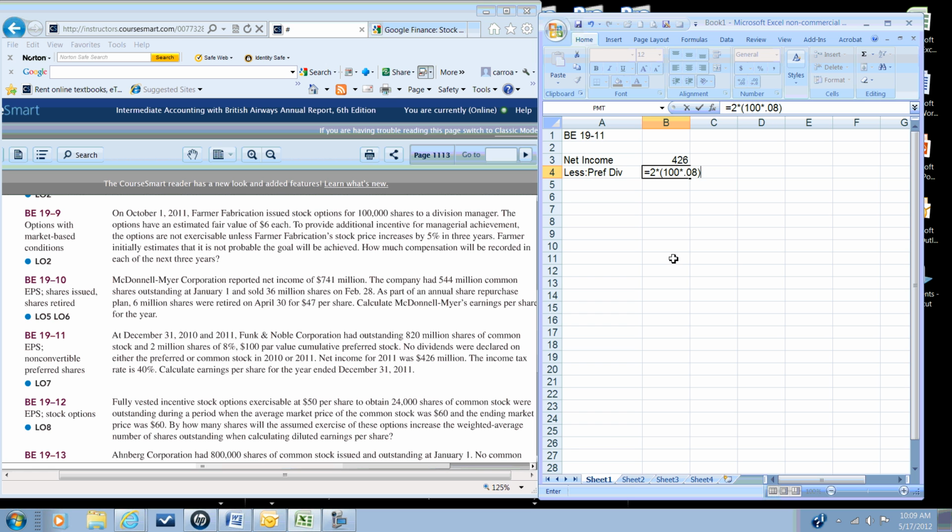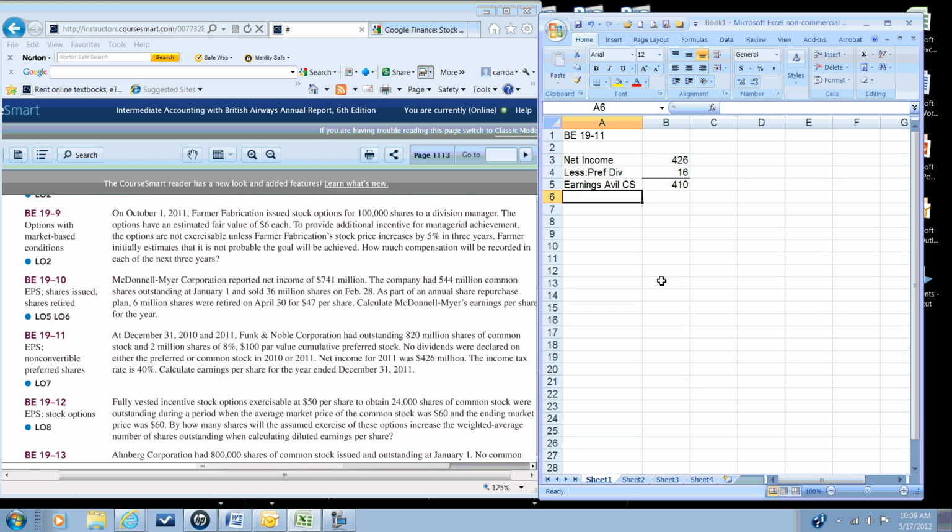And again, we're working in millions. So this yields preferred dividends of 16 million. So the earnings that are available to the common shareholders is our net income minus our preferred dividends.